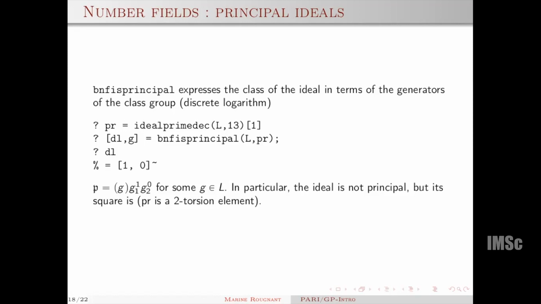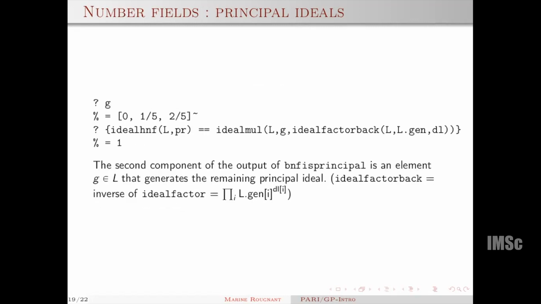So here my ideal is not principal, but its square will be, because we have the 2-torsion elements. Here it's 2 power 1, and remember we are in Z over 2Z. So if you compute the square of that, you have something principal. And if I ask for G, remember the idea of the beginning, I get that.